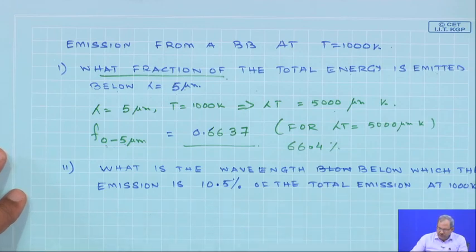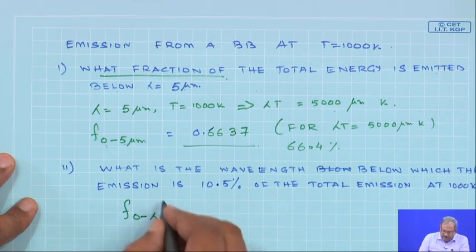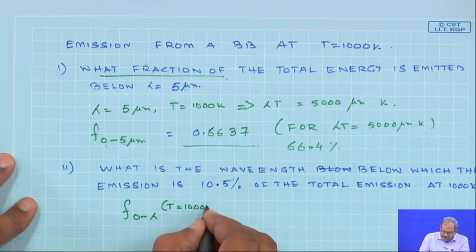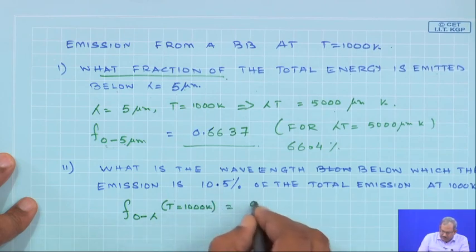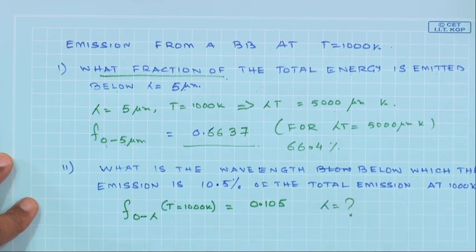So, it is the reverse of the previous problem. In this case, f from 0 to the unknown lambda at a given temperature of 1000 Kelvin is provided to be 0.105. We need to find out what is the value of lambda.